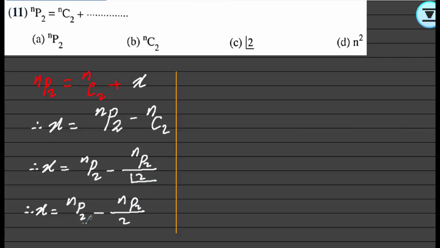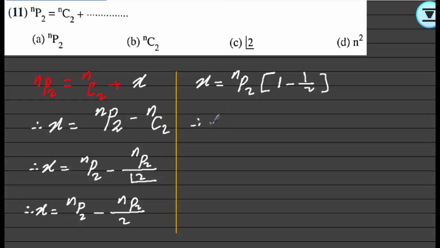By taking NP2 as a common factor, here we have X equals NP2 times (1 minus half). And 1 minus half equals half.